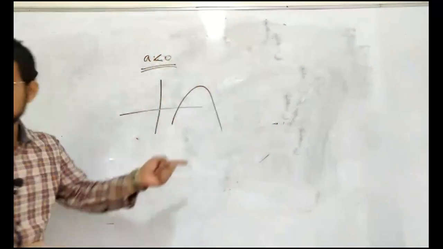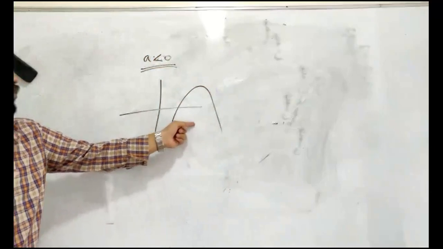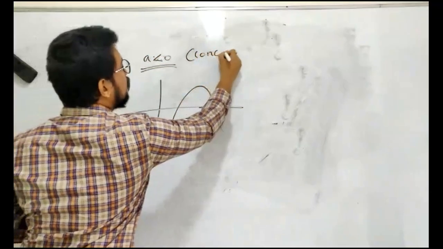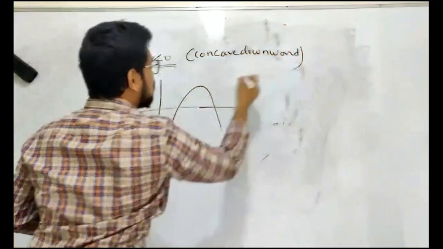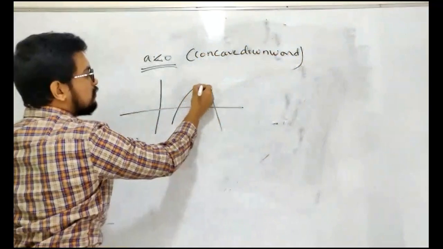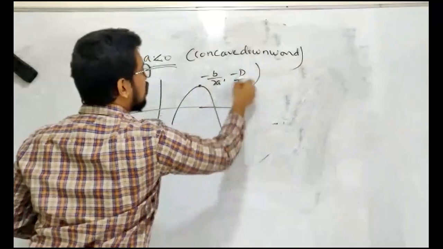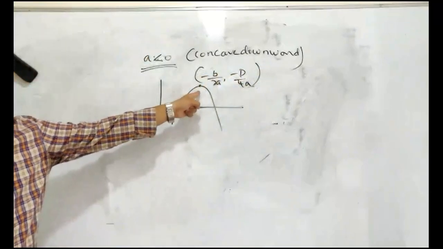For a less than 0, the graph is like this, a downward facing parabola. This is concave downward. The vertex is again minus b by 2a, comma minus D by 4a.